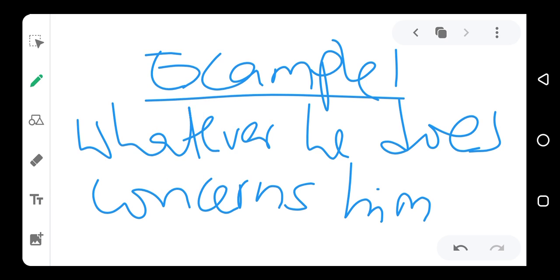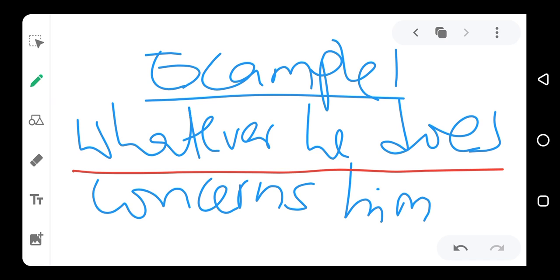Now, if this word is marked off, whatever he does concerns him, and you are asked to identify this cluster of words, whatever he does.